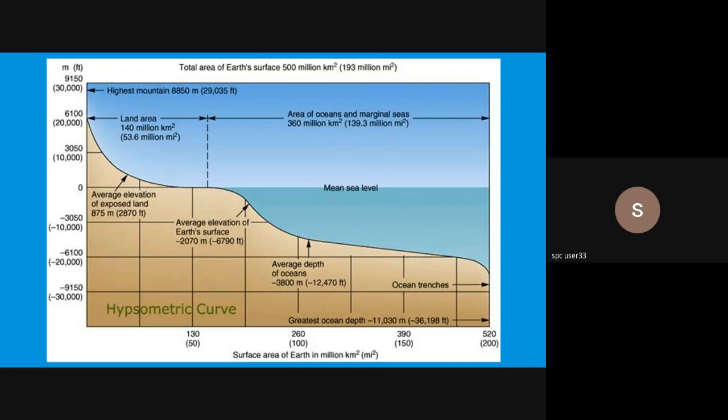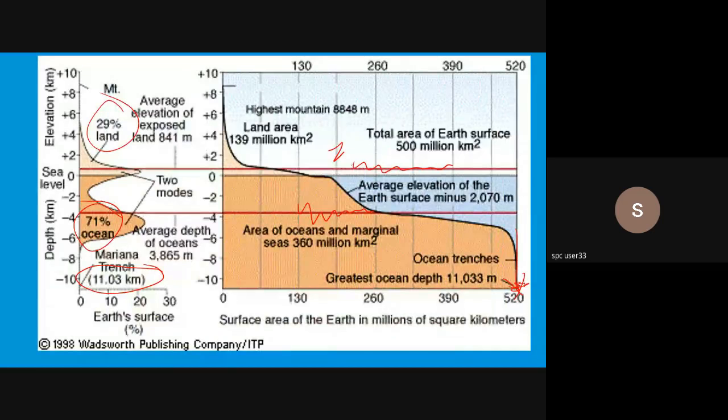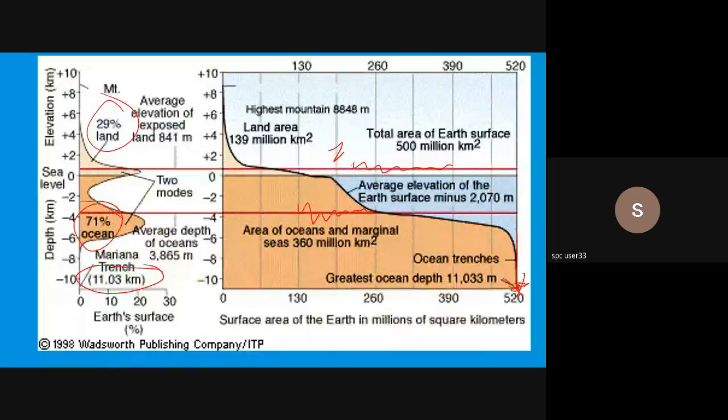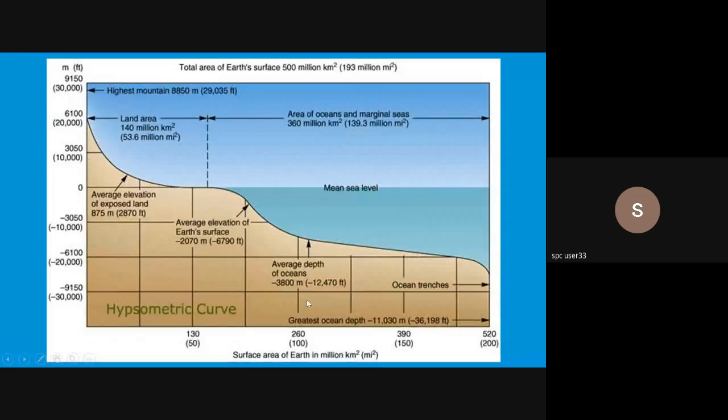Once again, the average elevation exposed and the average depth exposed. I think there is a difference between these two diagrams: average elevation 841, average elevation 875, average depth is 2000 meters, and here it says it's 3800 meters.